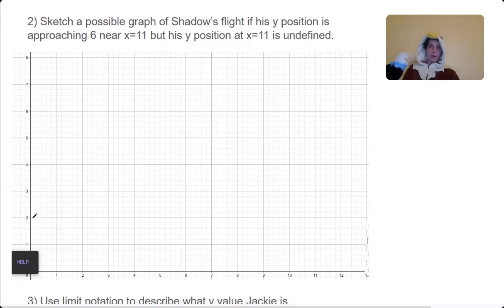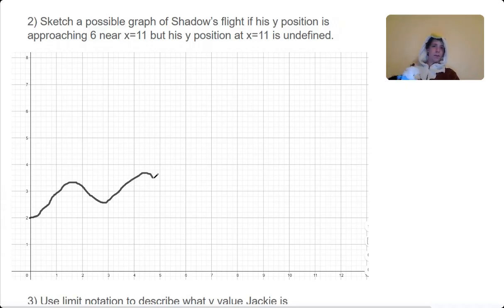Okay, so here's what it's going to look like. Let's have Shadow start down here. And you can do any sort of path before x equals 11. But remember, when we're approaching x equals 11, we want to get his y position right up near 6. So that's going to be right there.